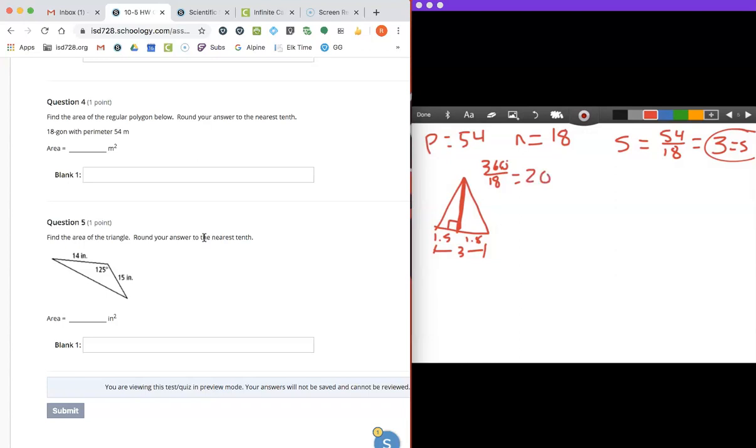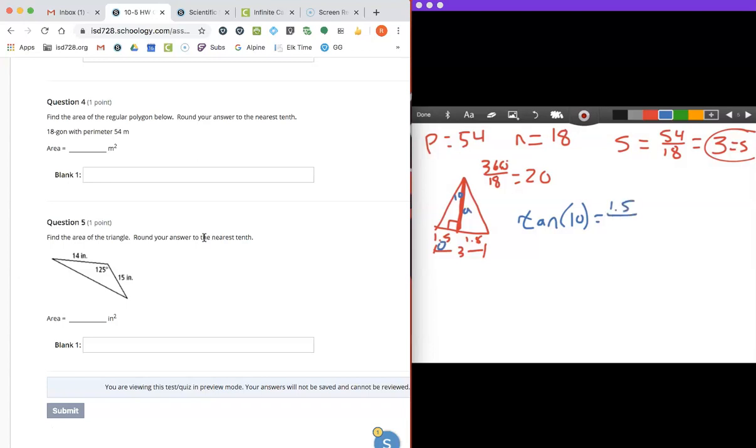Well, that's 20, but when I draw the apothem in, the angle is actually going to be half of 20, which is 10. So I'm going to use tangent of 10 equal to the opposite side, 1.5, over the adjacent side, a, which I want.